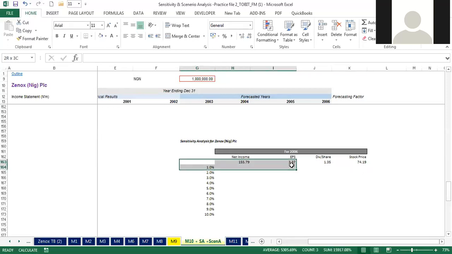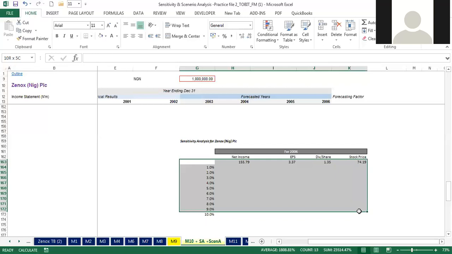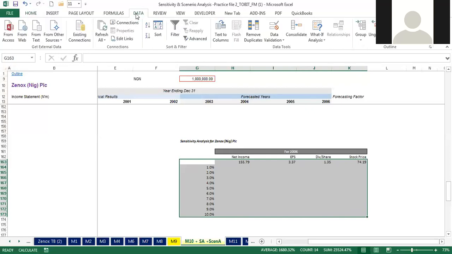Let me see if I've not gotten something wrong here. All right, now we select all these. Where is data? Data, where is what-if analysis? Then where is data table?